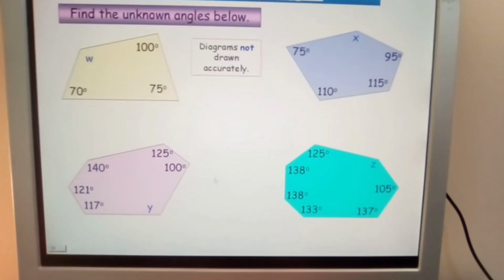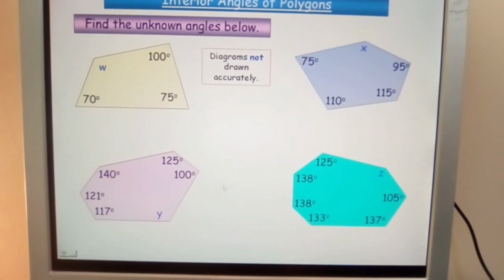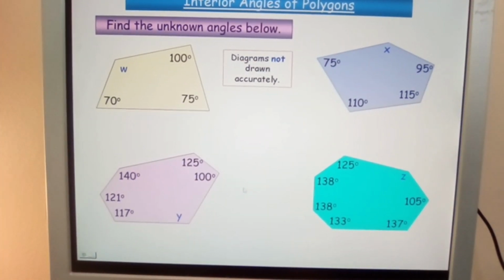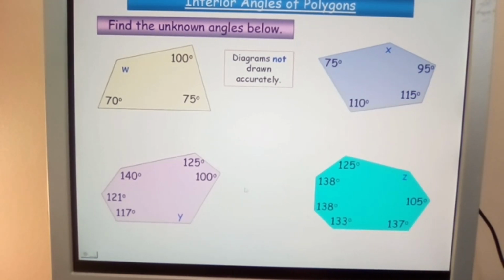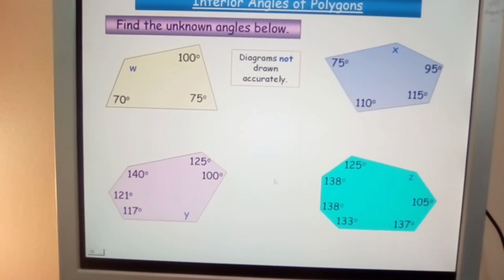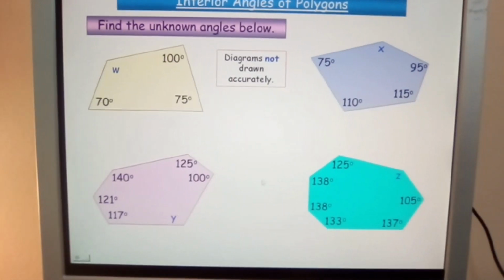I'm going to leave that for you to ponder on. Diagrams not drawn accurately, so they're just done rough, call them freehand drawings.